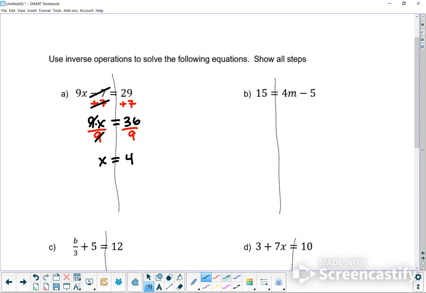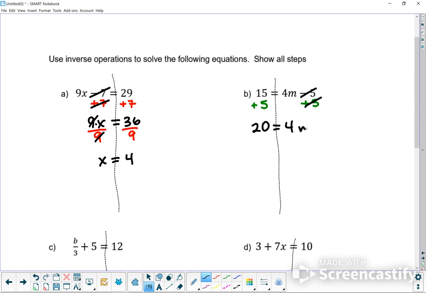Okay, this next one, we're going to use the inverse operation again, and this time we're looking for m. So that means we've got to get everything away from the m, on the side where the m is. So we're going to go ahead and do the inverse operation of minus 5, which is plus 5. You've got to do it to the right, you've got to do it to the left. Okay, the inverse operation is going to cancel, and we're going to be left with, and you have to add 15 and 5, which makes 20 equals 4m.